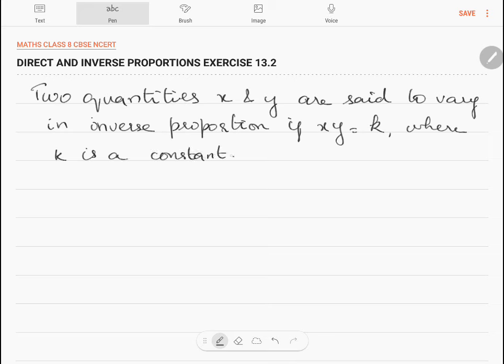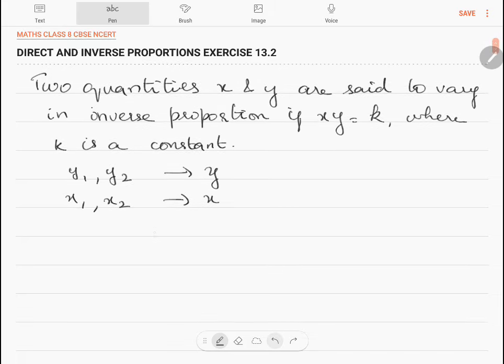In any case, if y1, y2 are the values of y and x1 and x2 are the values of x respectively, then we can write it as x1 y1 is equal to x2 y2, or x1 by x2 will be equal to y2 by y1.